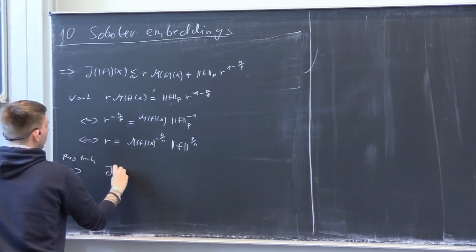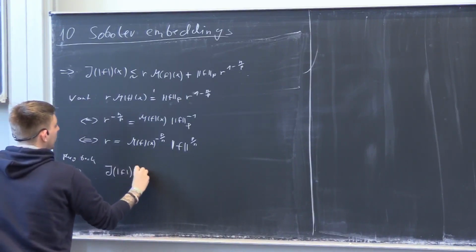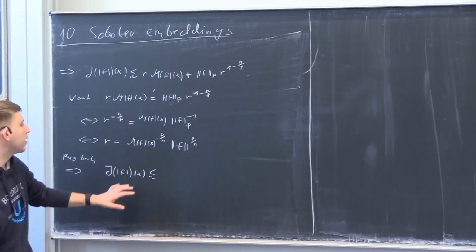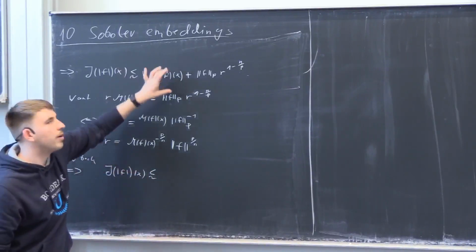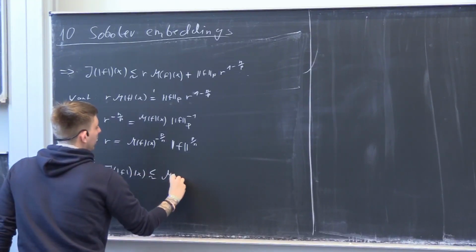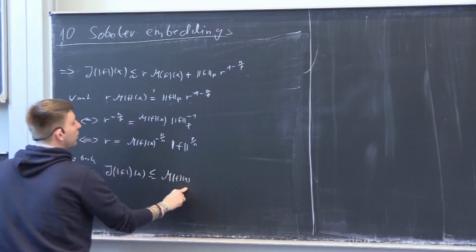Then I get that JF of X is controlled by, so I balance both, so I can just take this R and plug it into this first term, say. Then I get MF of X to which power?